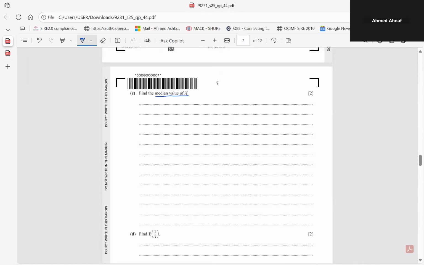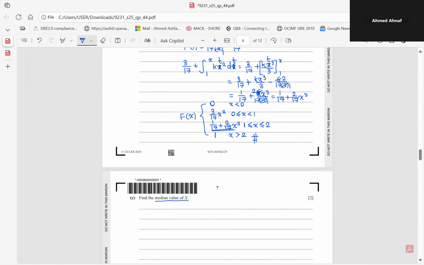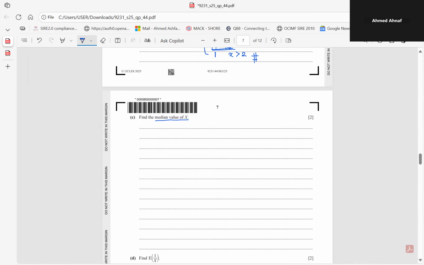So that's one way. The second way is to just take your CDF. You take either one of the CDFs, I'm going to take this and just equate it to 0.5, and then make x equal to m. So I'm going to do the second way.